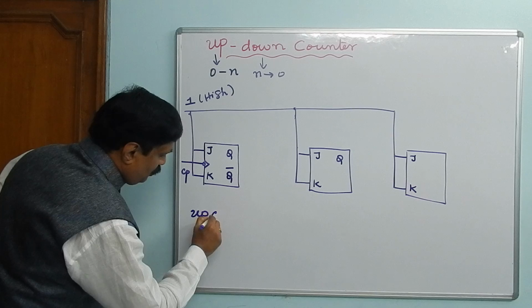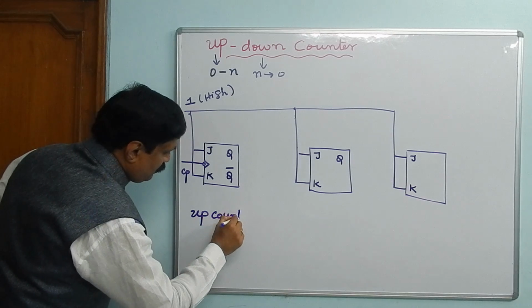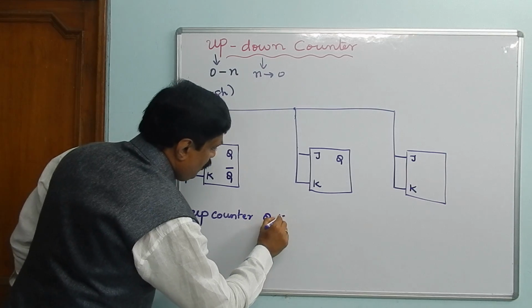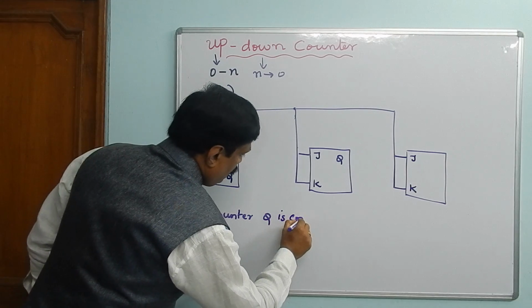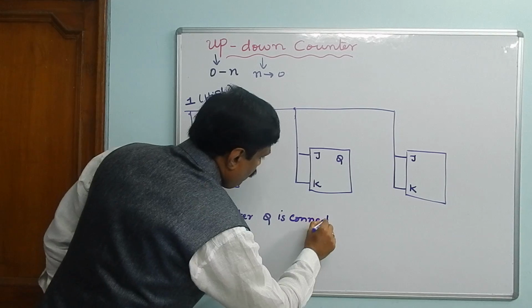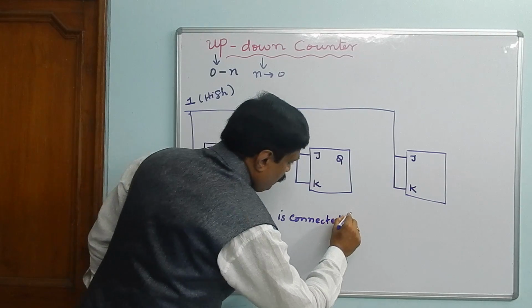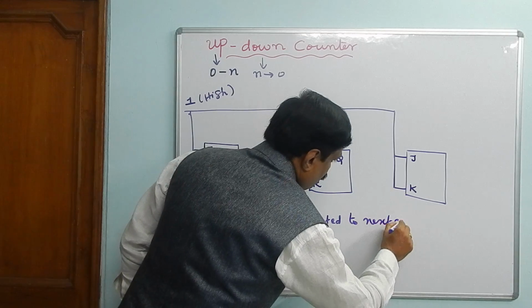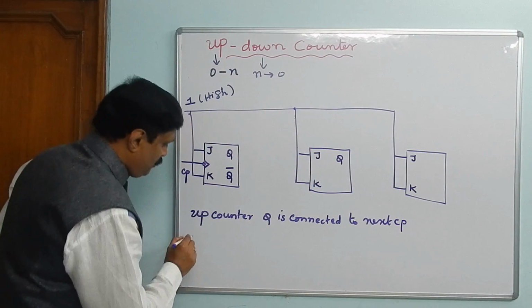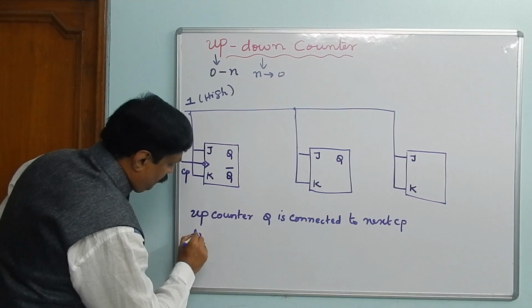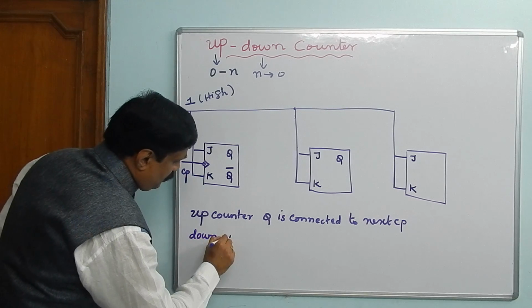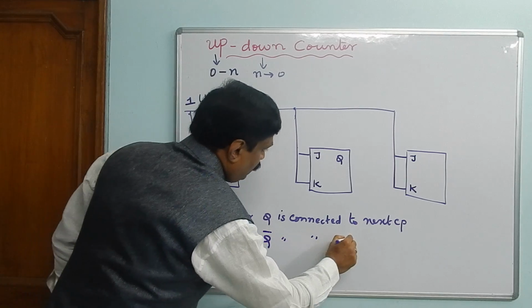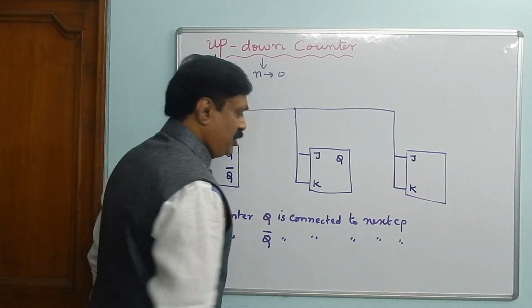For the up counter in the last class, Q is connected to the next CP, and for the down counter, Q bar is connected to the next CP.